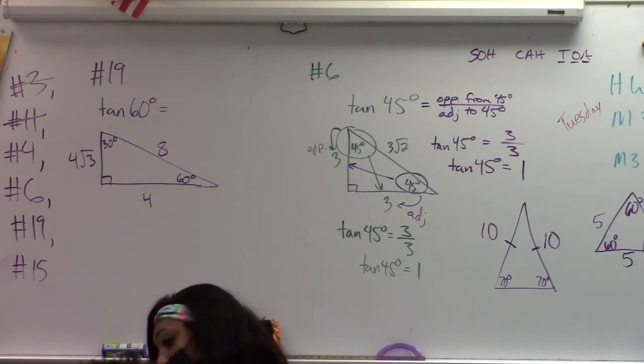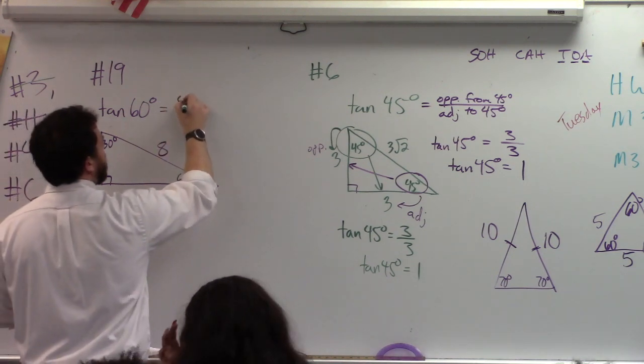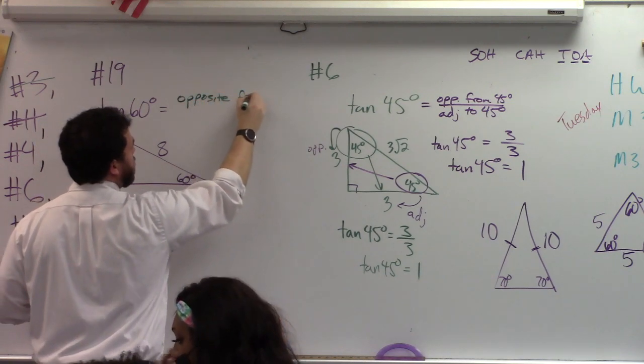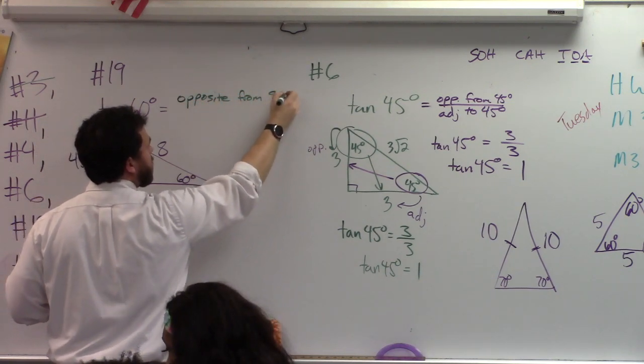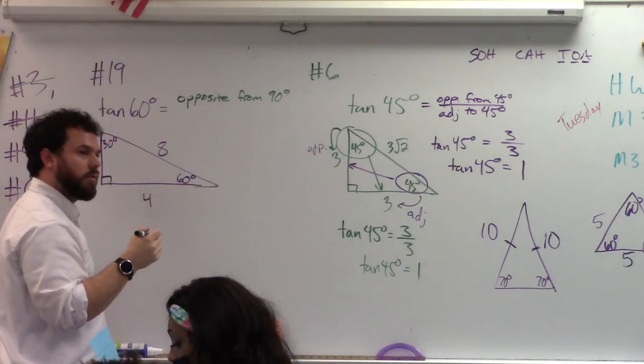Josh starts off. Yeah, you had your hand up first before anyone else. Talk about the tangent of 60. Opposite from 90. So opposite from 90 degrees. Wait, you want to modify something? Oh yeah, 60, my fault.